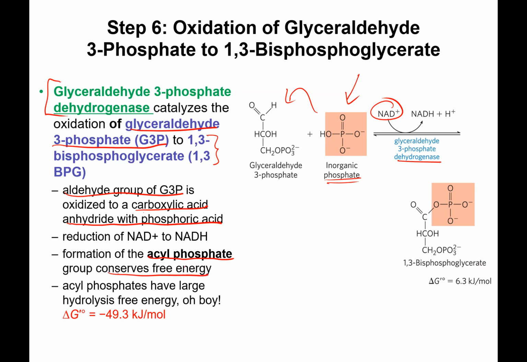In fact, this acyl phosphate bond that we have here has a very large and negative hydrolysis. The free energy of that hydrolysis is negative 49.3 kilojoules per mole, which is extremely large. But that's not the overall free energy of this reaction. This is actually a reversible reaction at 6.3 kilojoules per mole.